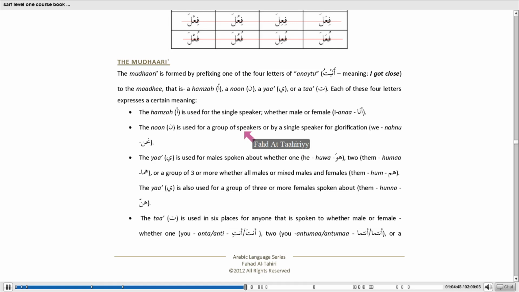These letters are there. They are mudari'.